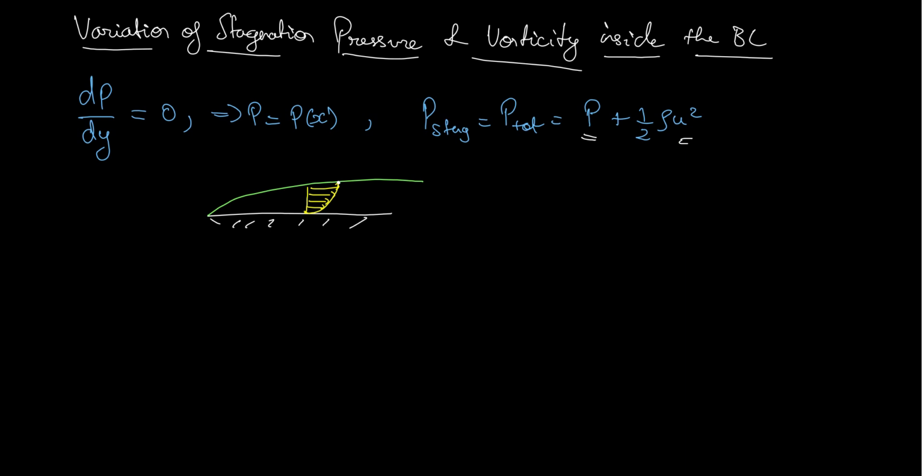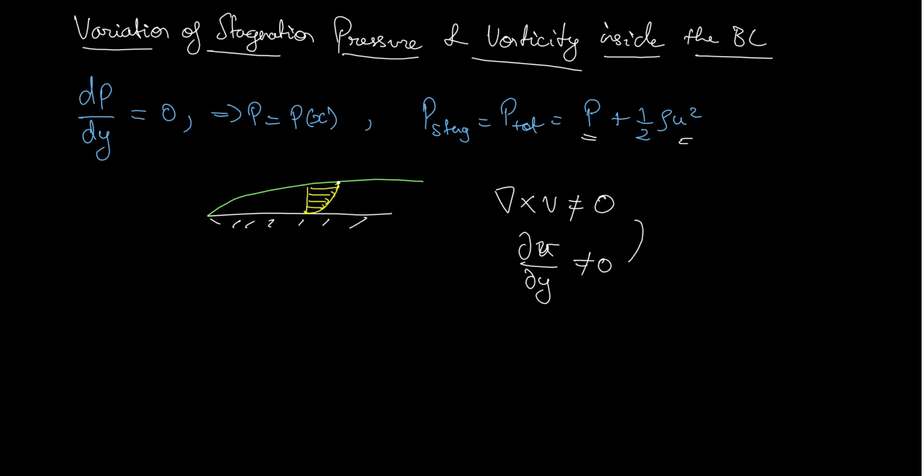And similarly, since there exists a velocity gradient here, we can say that the curl of velocity is non-zero, because we'll have a term which has dou u by dou y, minus dou v by dou x, which will be non-zero.